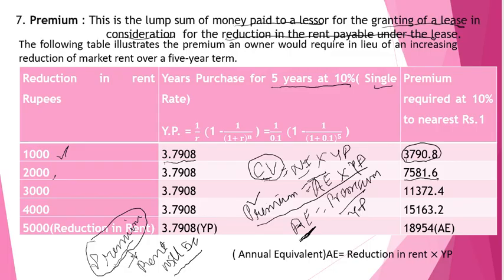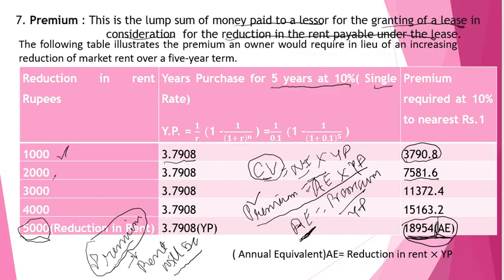And similarly, for 3000, 4000, 5000 reduction in rent, how much amount you need to pay as premium? For 5000 it will be 5000 multiplied by this YP, which is 3.7908, that is 18950.